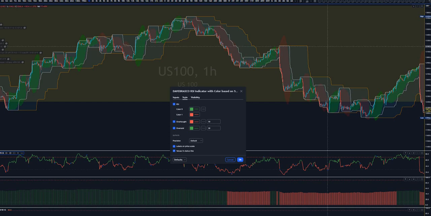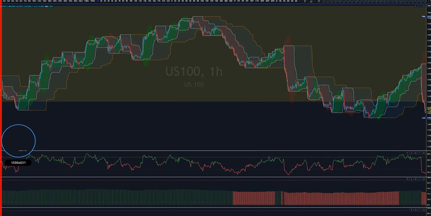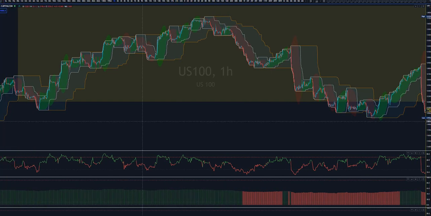Every time the market is making a false breakout, we have to see it now on this indicator.